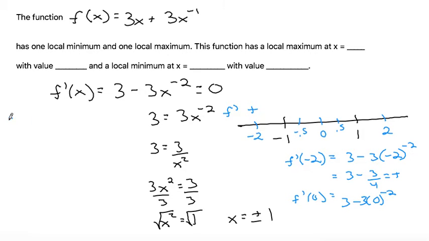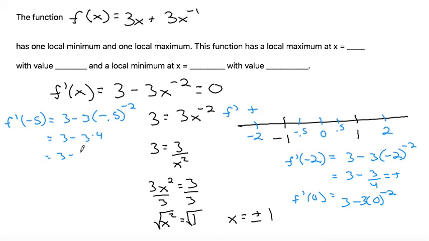So let's come over here and do the first derivative at negative 0.5, which is equal to 3 minus 3 times negative 0.5 to the power of negative 2. So that would be 3 minus 3 times 1/2 with a negative exponent, which would make 1 over 4, and if you flip it, it would be times positive 4.